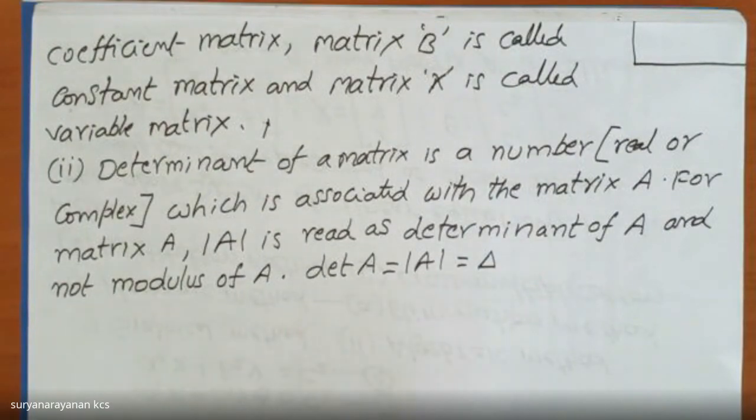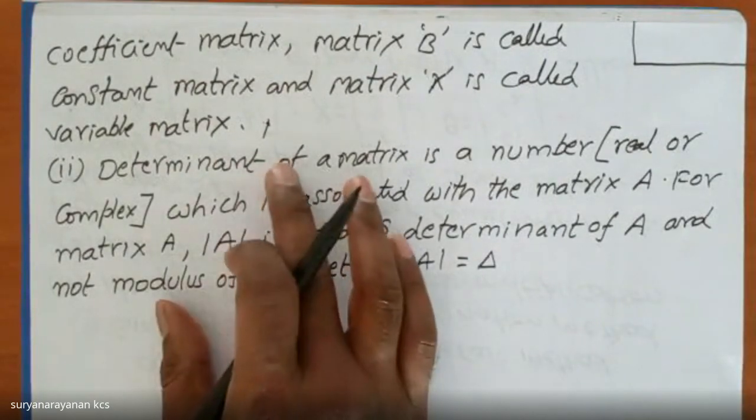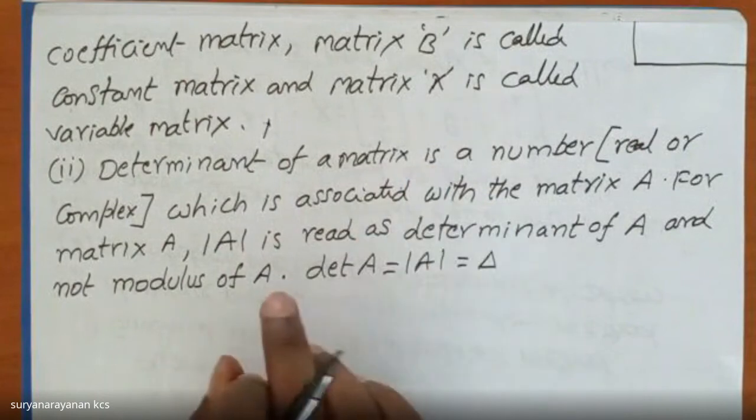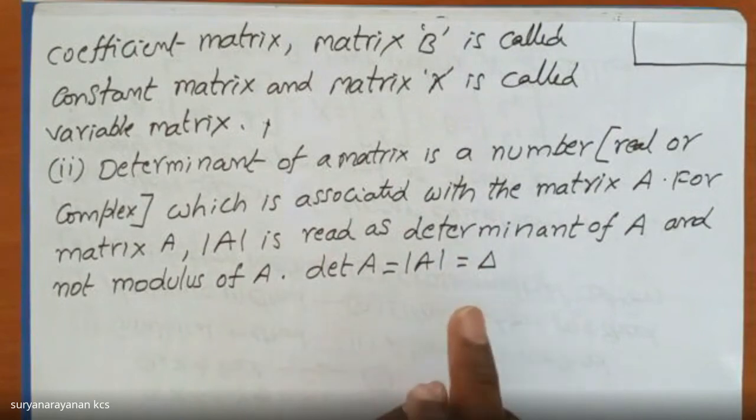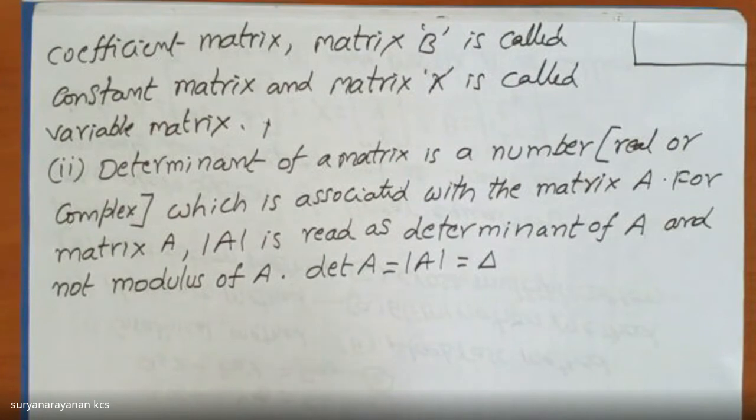Okay, my dear children, now come to this point. This is about the determinant of a matrix. It is only a unique number associated with a given matrix. Now let us find how to get the determinant of a given matrix. We start with a square matrix of order 1. After that, we will find the determinant of a matrix of order 2, and similarly of a square matrix of order 3.